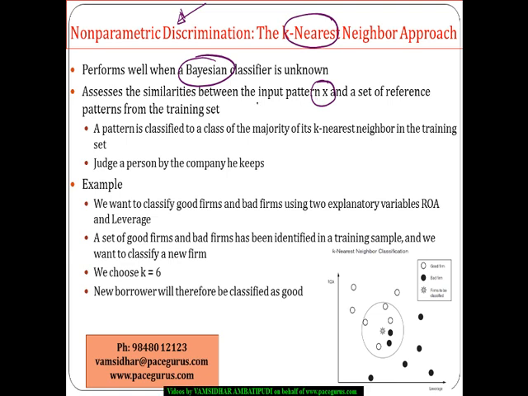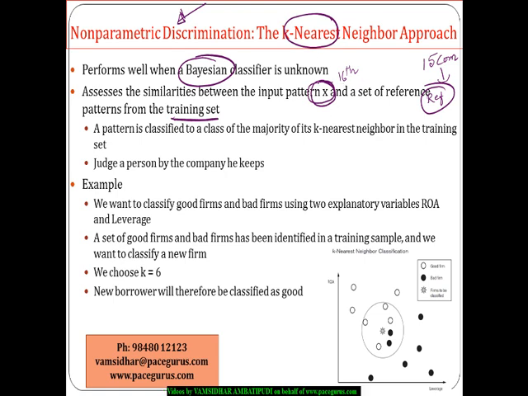So it tries to look at the similarities between this company and a set of reference patterns from the training set. Let's say I already have 12 companies or 15 companies which I have taken as the reference, and I want to classify the 16th company either as good or bad.